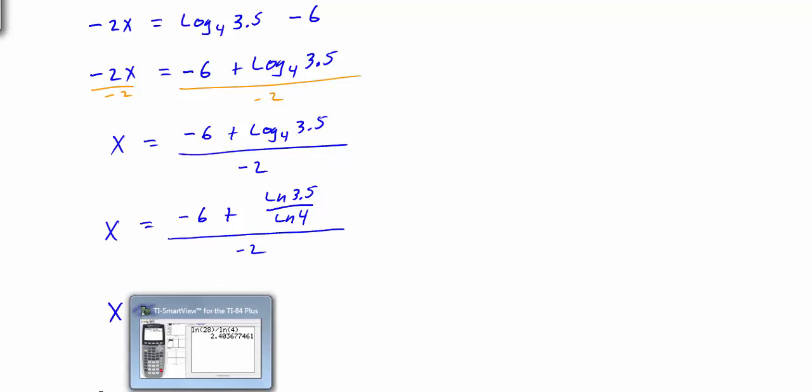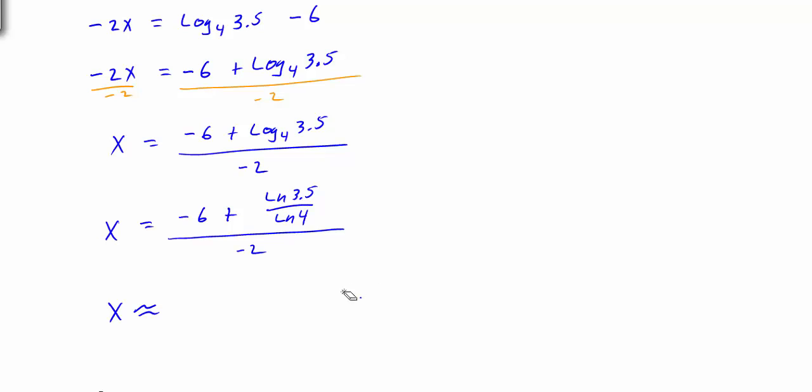Before we get to the calculator, let's look at this problem a little closer. We need to make sure that we put this entire numerator in parentheses, and we also want to make sure that we close our parentheses around the natural log of 3.5 and the natural log of only the 4.